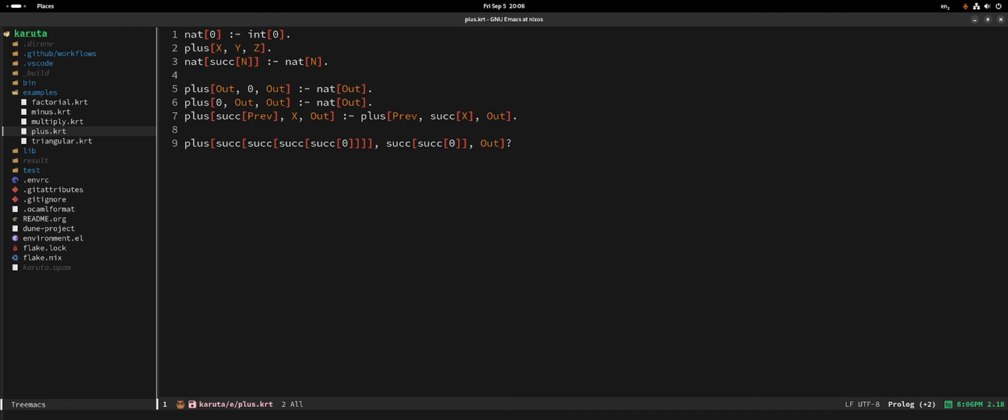Yeah. So I have another question. How does Prolog handle overloading? Aside from the arity, of course, as far as I know, it doesn't. So are we going to follow that?